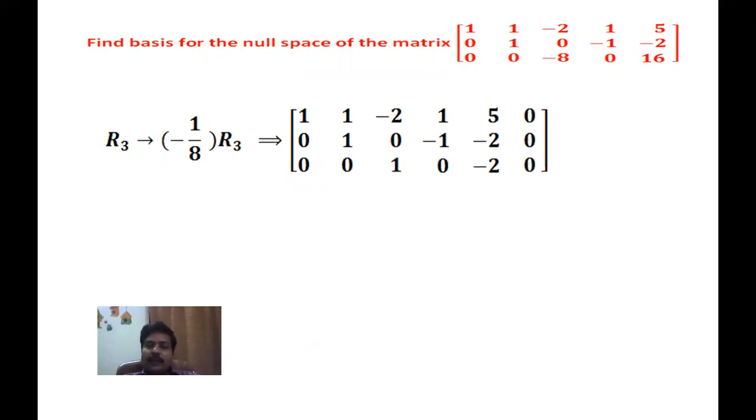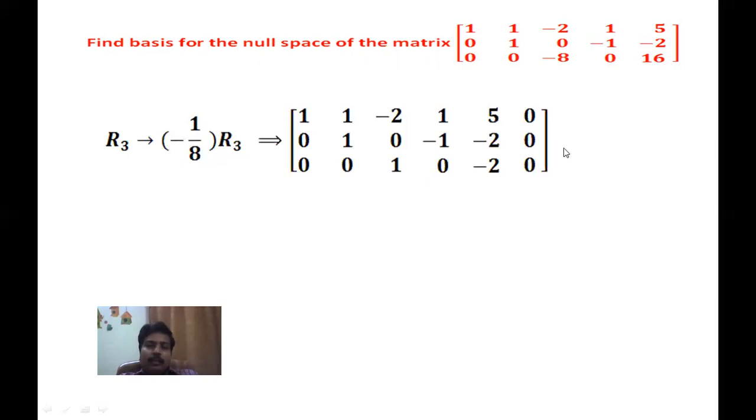To find whether the vectors are linearly independent or whether they can span, echelon form is sufficient. But to find a null space, we need to convert the matrix into reduced echelon form so that the equations are simplified. So now it is in echelon form again.